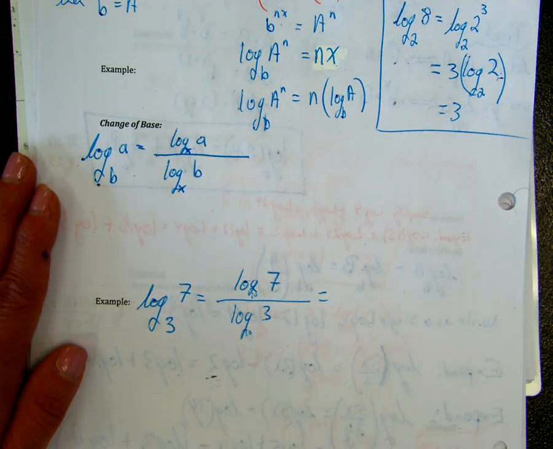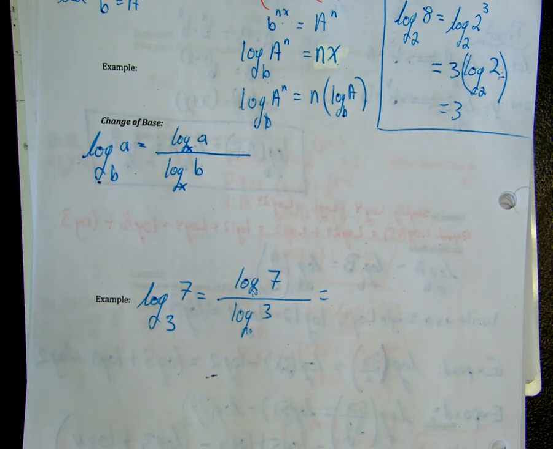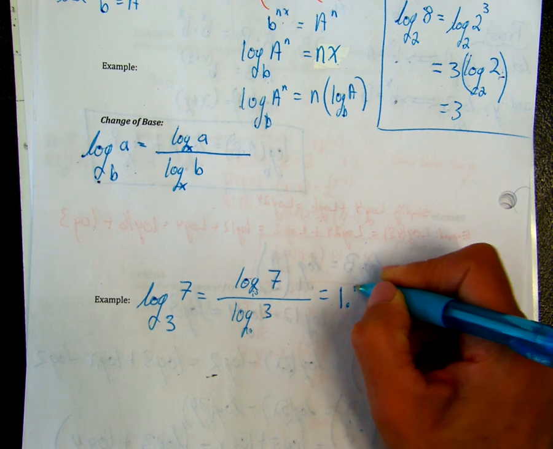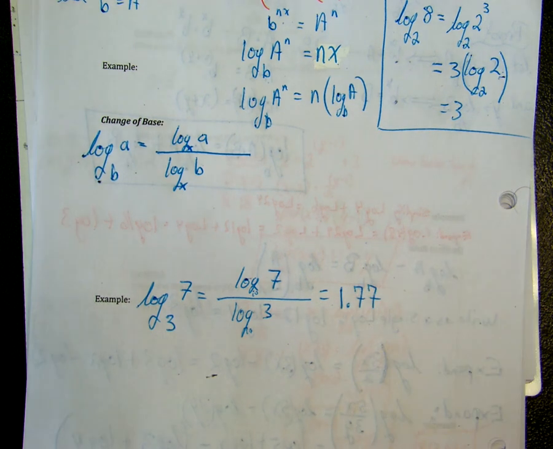What do you get? You guys getting 1.77? So if I take 3 and raise it to the power of 1.77, I get 7 for my answer.